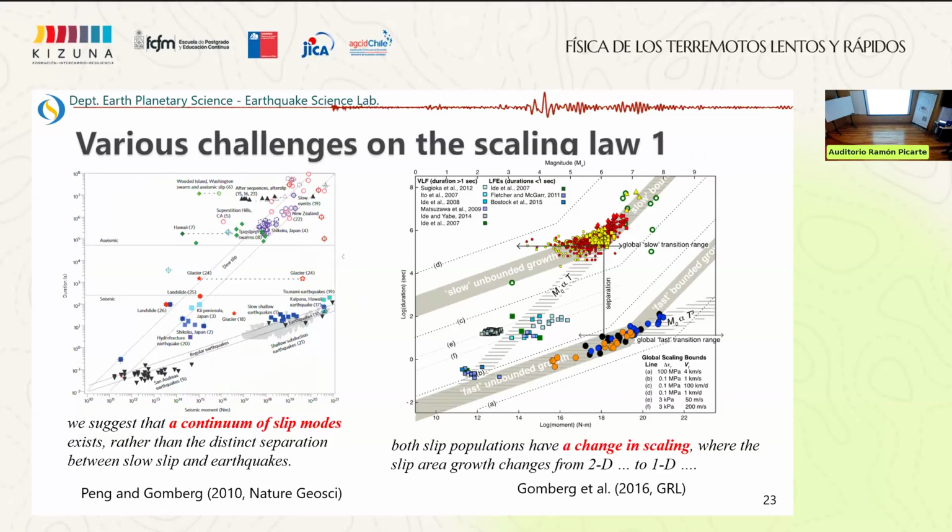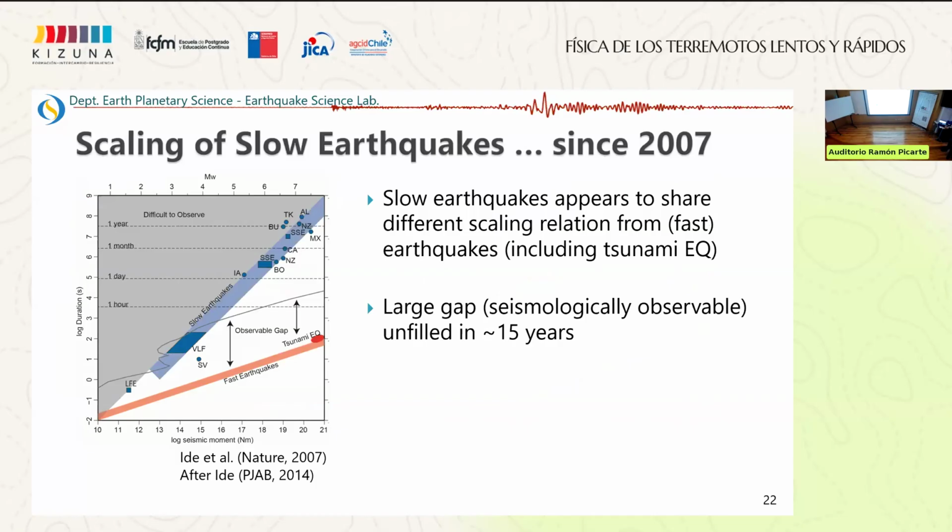After that, we tried to look for some event falling between these two lines. But after 15 years, nobody found an event in this area. As I showed in this map, this is our detection limit in seismology. So if we had something around here, it must be detected.